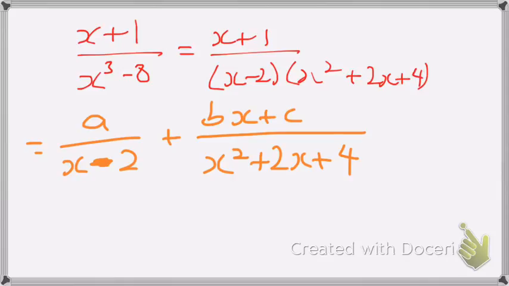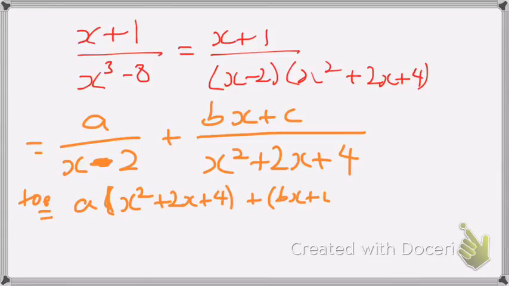Then, and I'll just think about the top only, just because I'm lazy, essentially. So a times x squared plus 2x plus 4 plus bx plus c times x minus 2.